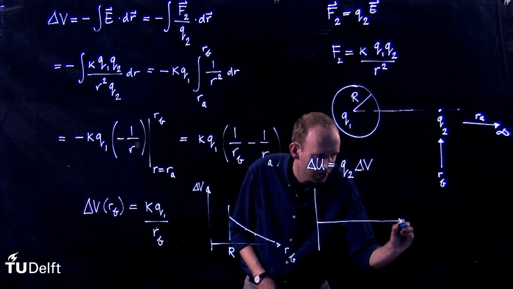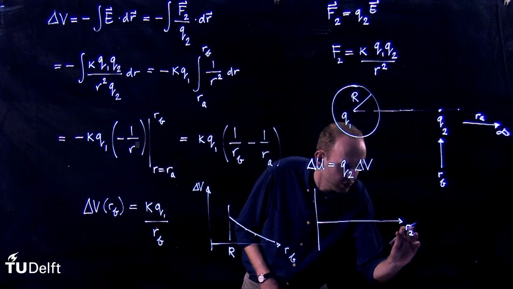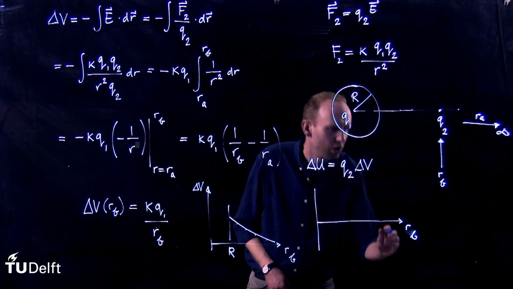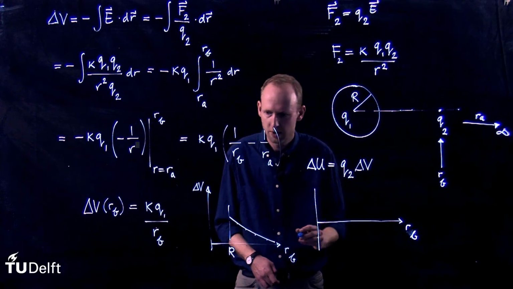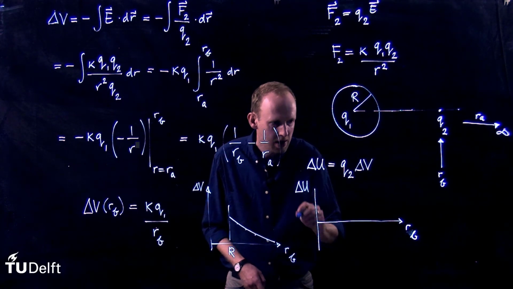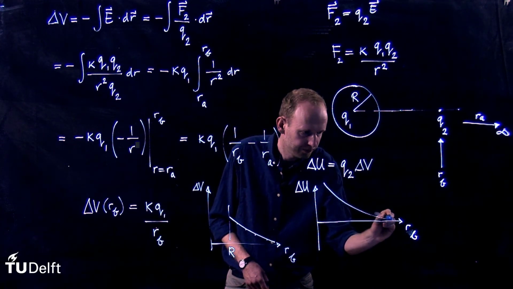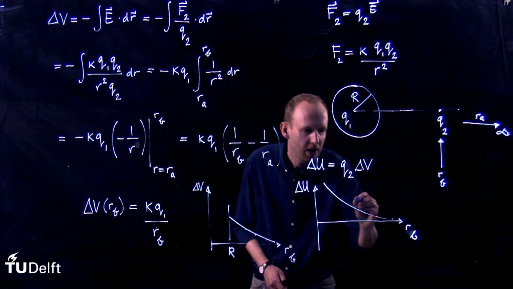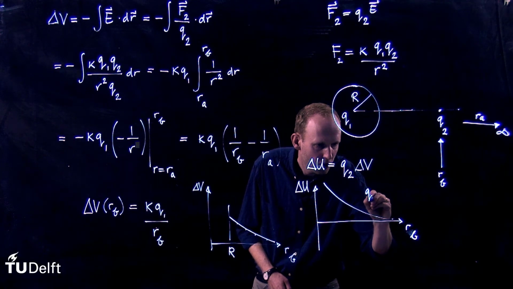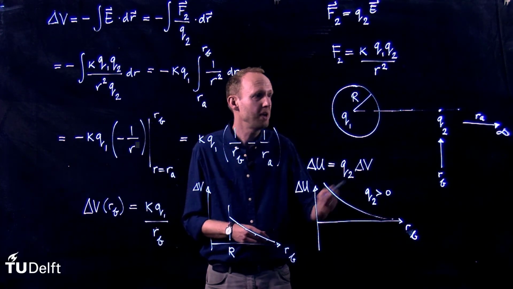So here I plot again RB, the location of the point charge. Apologies, I wrote R2, this should be RB. Here I put the potential energy, and I get a very similar function that looks like this. This is if the charge Q2 is positive.